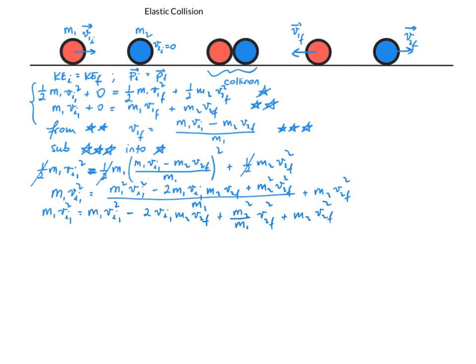And I notice that I can cancel out m1 v initial 1 squared. And from that, I'm going to factor out v2 final.